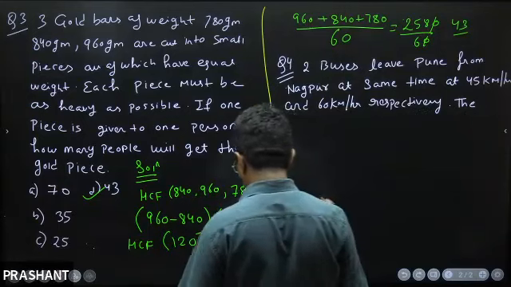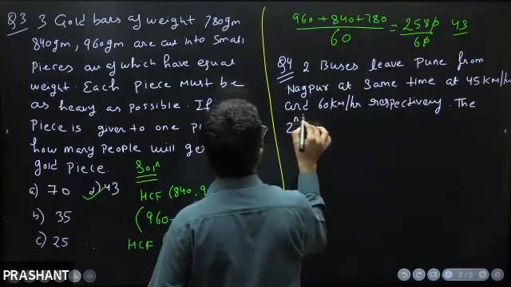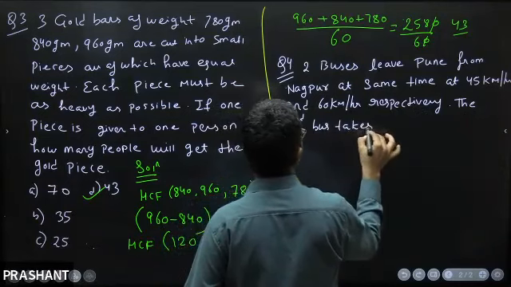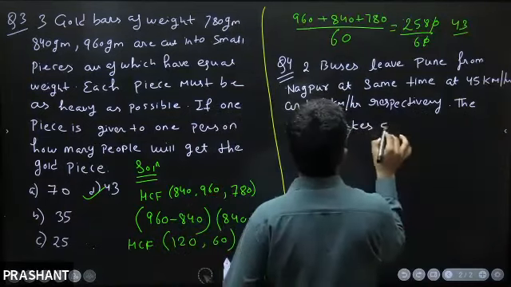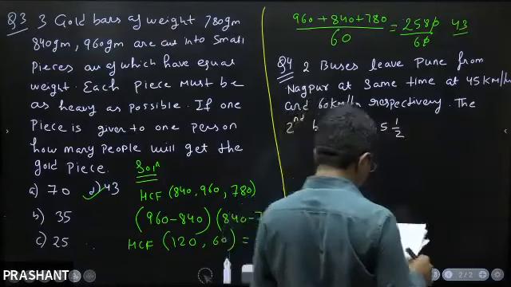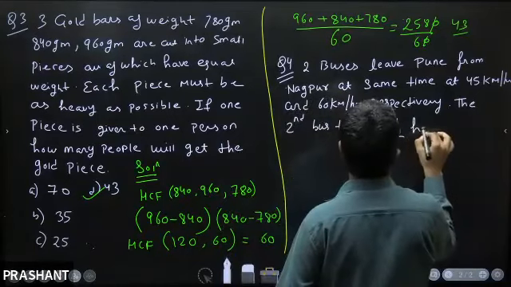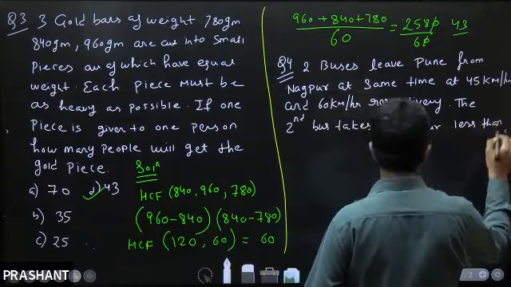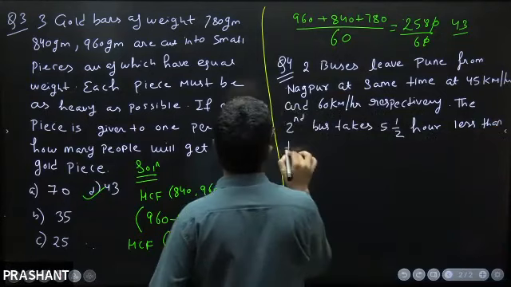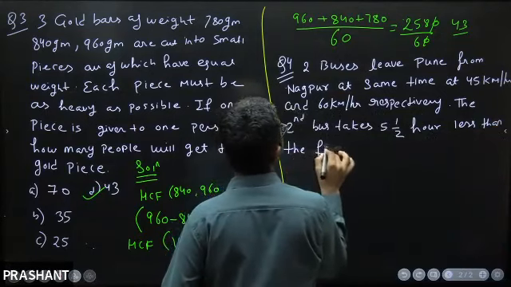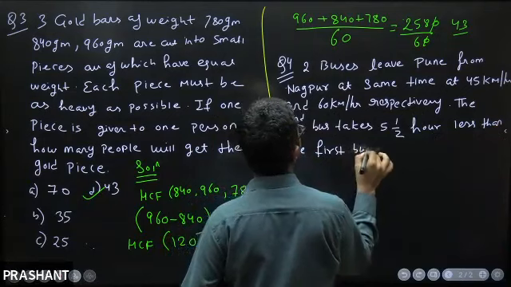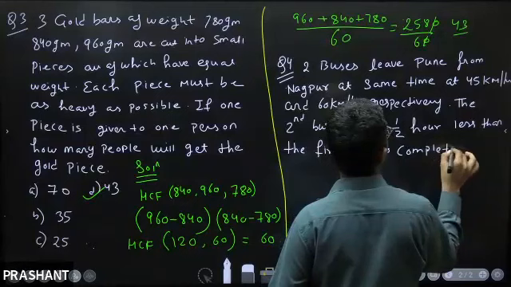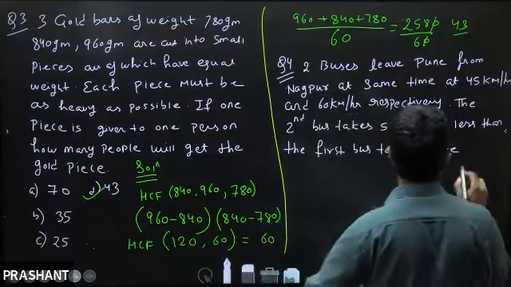The second bus takes 5.5 hours less than the first bus to complete the journey.